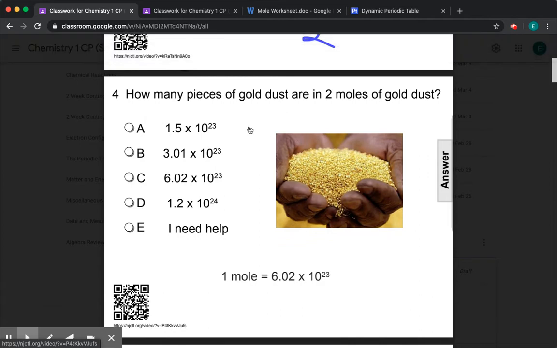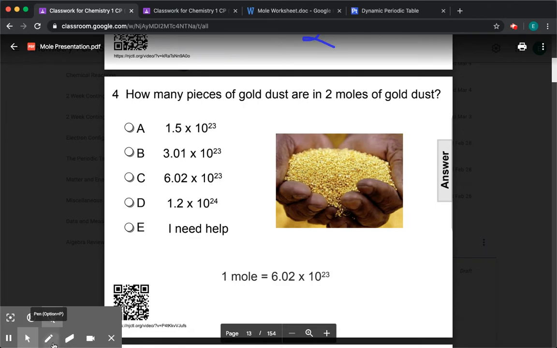How many pieces of gold dust are in 2 moles of gold dust? Instead of 1 mole, we have 2 moles. So all we need to do is multiply this number by 2, and if you do that, you get this.